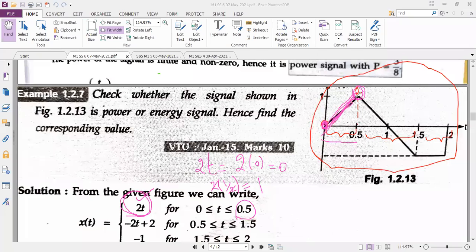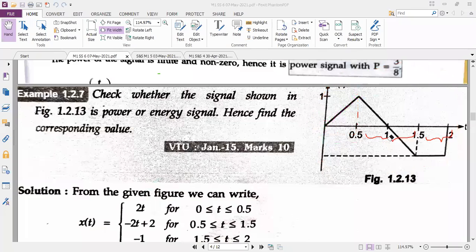All of you understood this or not? Tell me. Yes, it is like a trial and error method. Starting, I may try with t. If t is 0, my answer is 0. If t is 1, my answer is 2. But as per the diagram I'm not getting 2; I'm getting 1.